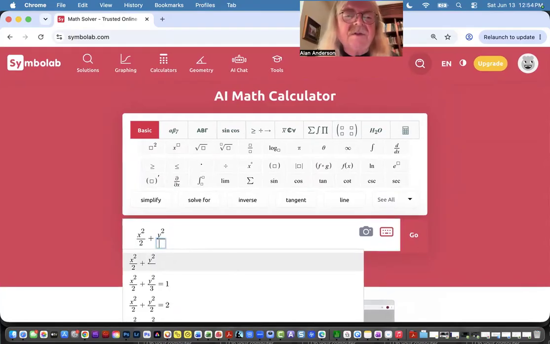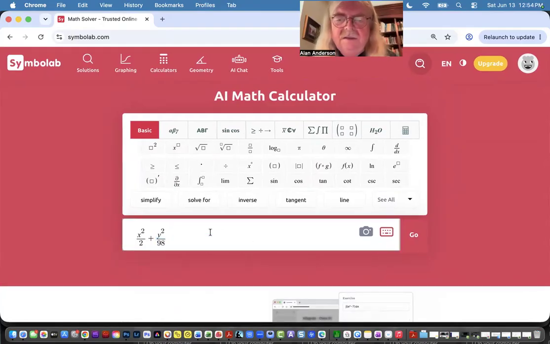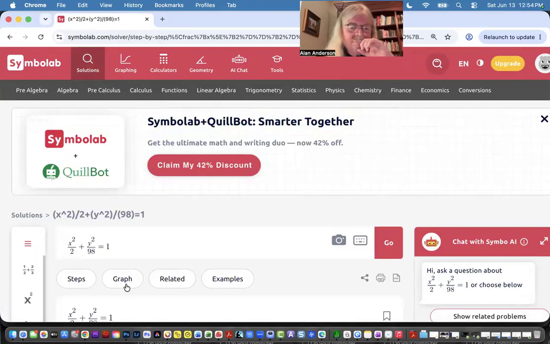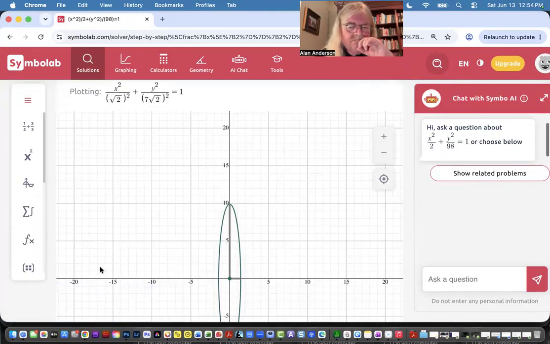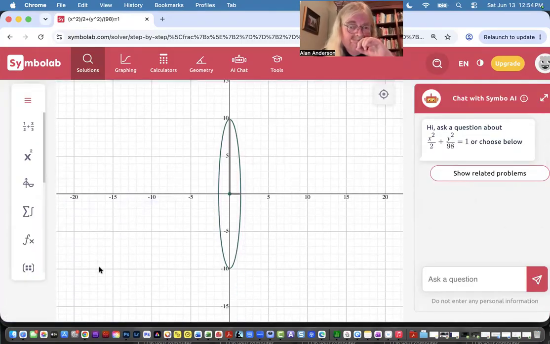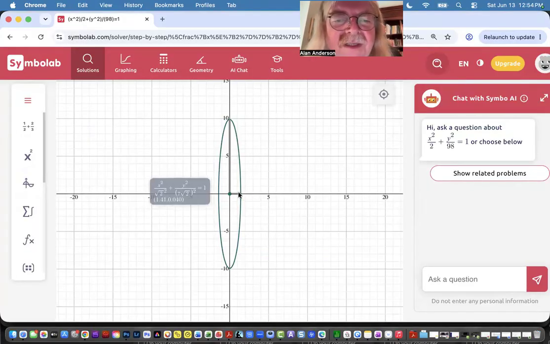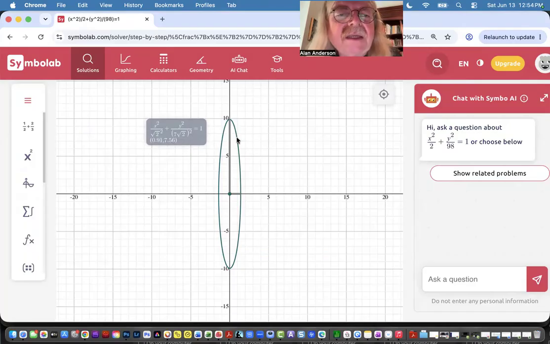Sometimes it gets a little stubborn. Equals 1. All right. Well, I mean, it's pretty clearly an ellipse, except that it's a vertical ellipse, and they're asking for this tangent line at the point 1 comma 7, which would be roughly around here. Now look at that mess.